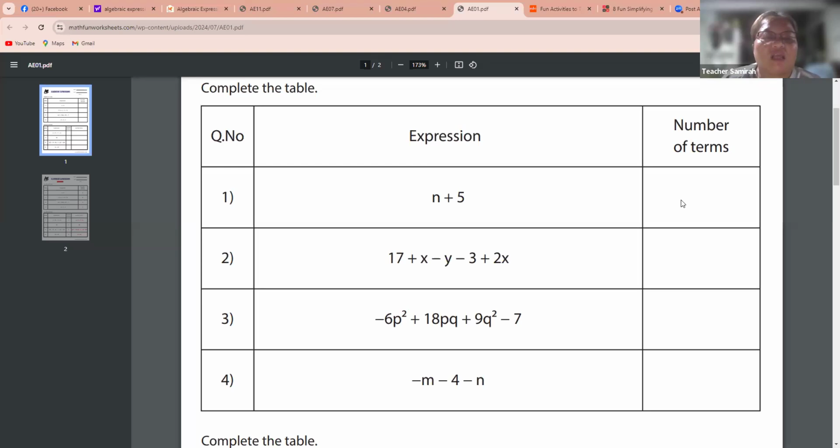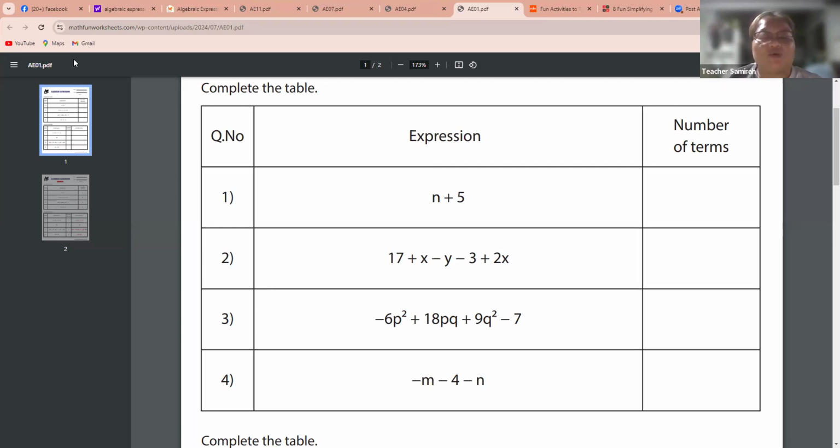How about question number 2? How many terms can you see for question number 2? What do you think? Just simply write it on your notebook, then we will check it later. Write it down on your notebook.